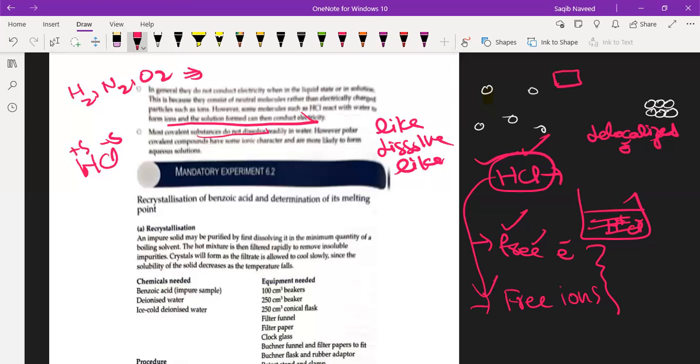Oil is soluble in oil. Coconut oil is soluble in canola oil, and canola oil is soluble in other oils. Petrol is soluble in diesel, because all these are non-polar things. But HCl is soluble in water and not in petrol, because HCl is polar and water is polar. Got the concept?